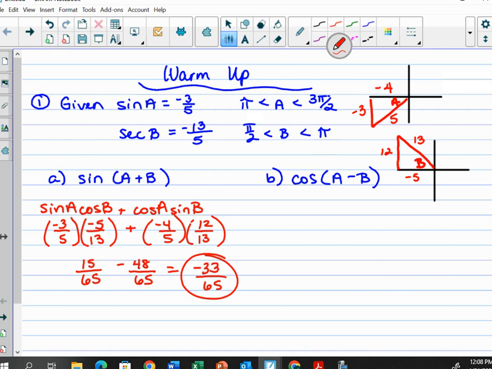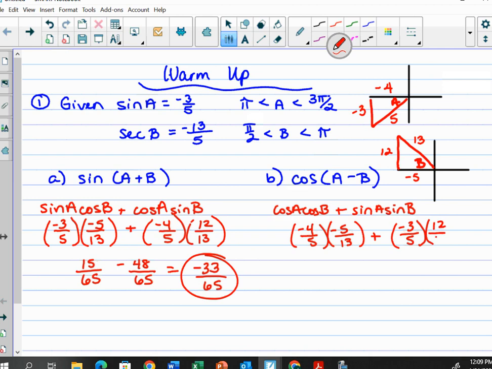So different formula. Cosine A, cosine B, plus sine A, sine B. All right, so cosine of A, adjacent over hypotenuse. Cosine of B, adjacent over hypotenuse. Plus sine of A, opposite over hypotenuse.